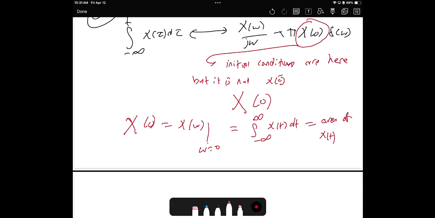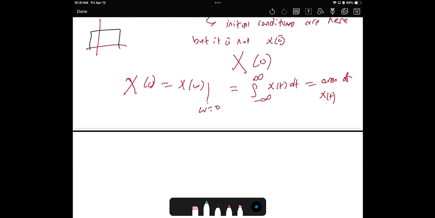It is the integral, or the area, of that function. So if you have x(t) something like that, then this area is X(0). Does this make sense? Or in other words, when you have X(omega), substitute omega equal to 0.